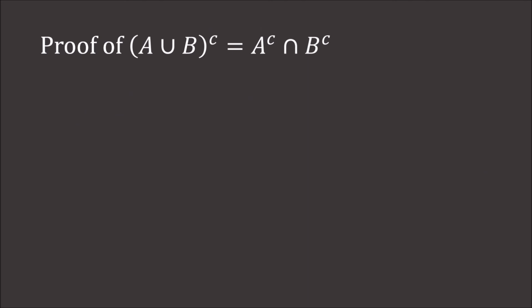So now let's go ahead and prove that the complement of A union B is the complement of A intersected with the complement of B. So again, first suppose that A and B are arbitrary sets.